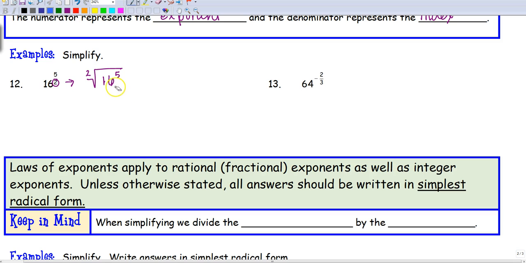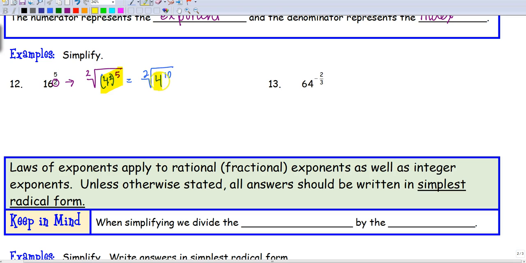For starters, 16 is the same as 4 squared. That gives me 4 to the 10th. Okay. But 4 can also be rewritten.